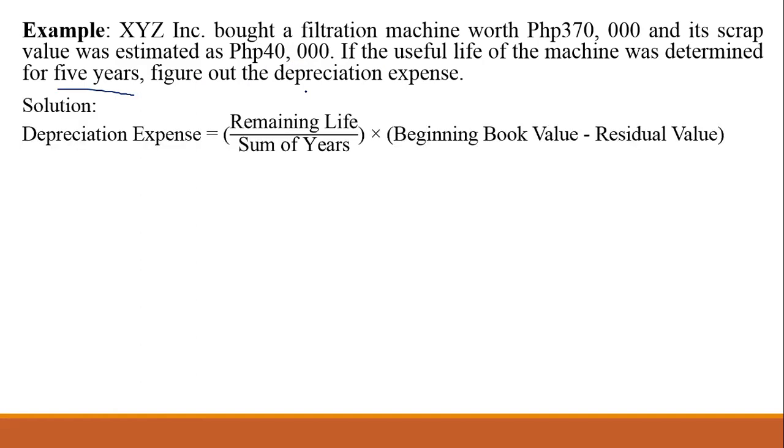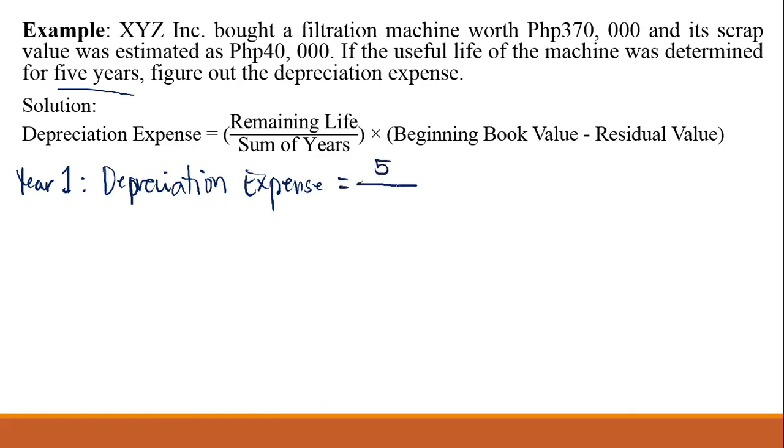That is the formula that we are going to use to figure out the depreciation expense. First is year 1, we get the depreciation expense of the first year of the filtration machine. All we have to do is substitute the values. The remaining life is 5, and then the sum of years, so 5 plus 4 plus 3 plus 2 plus 1.